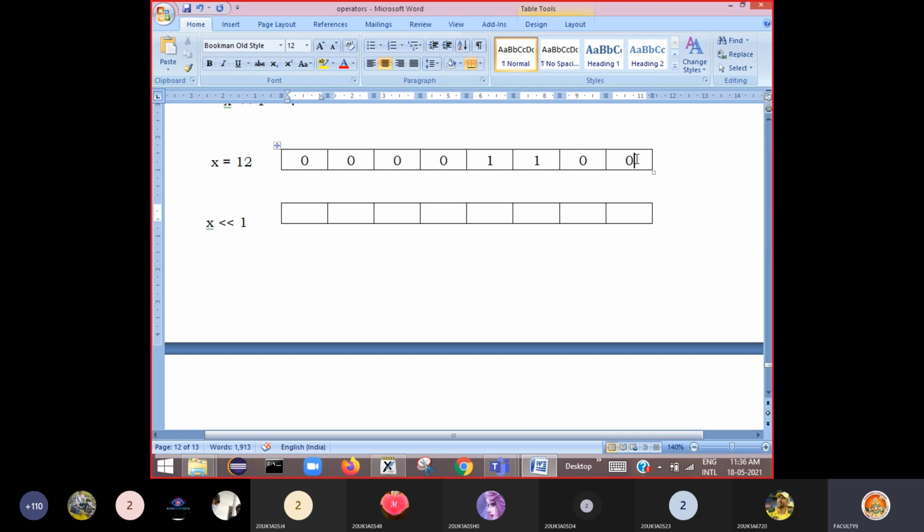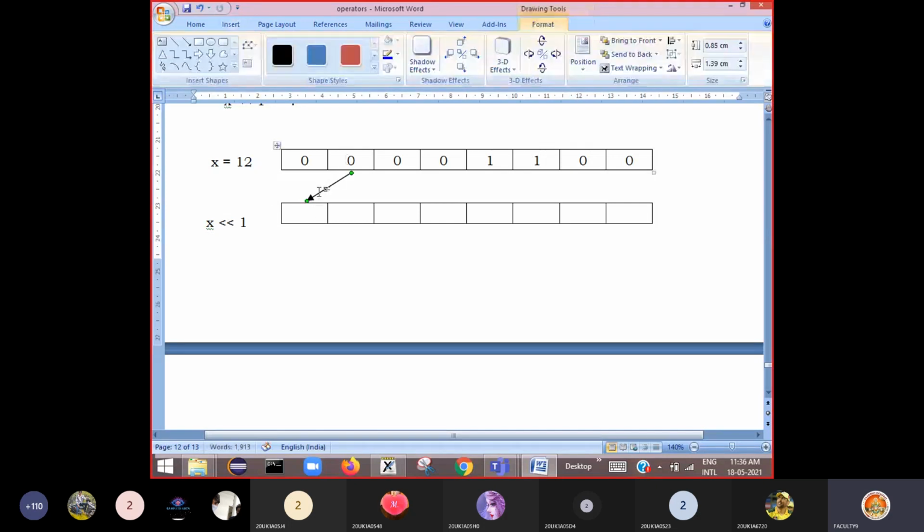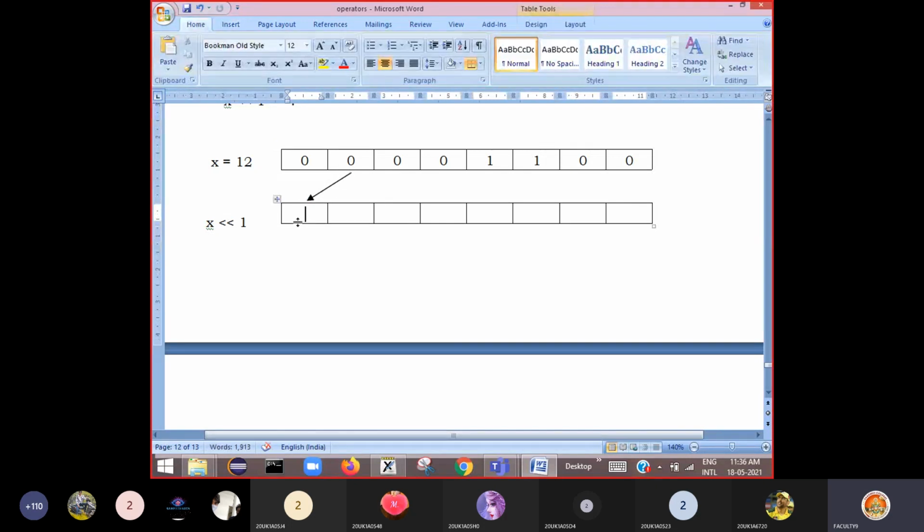All the bits will move 1 position towards left. 1 position towards left means this bit will come to this position. Just see here. So this bit will come to this position, and this 0 will come here.